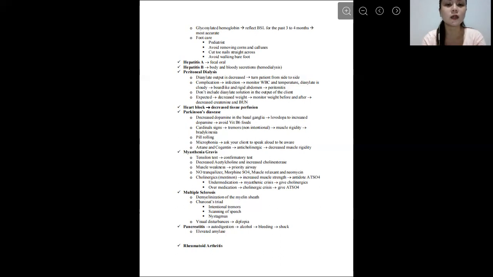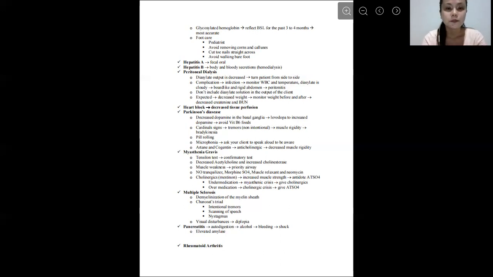There is decreased acetylcholine and increased cholinesterase. Decreased acetylcholine because binding this to its receptor activates the muscle and causes muscle contraction. So cholinesterase weakens the muscle, which makes the muscles relax.